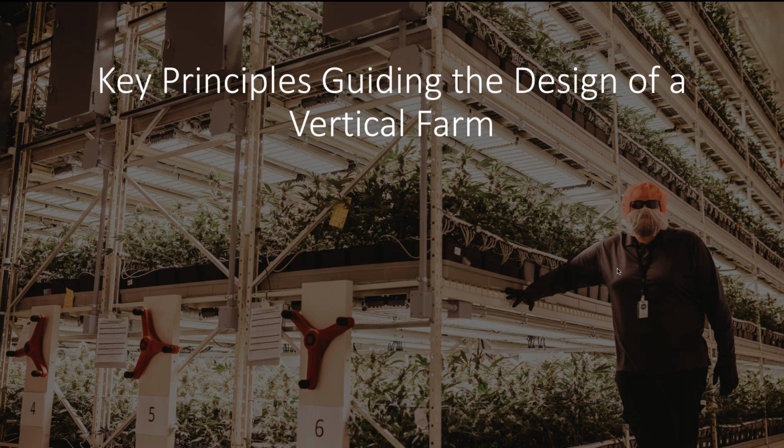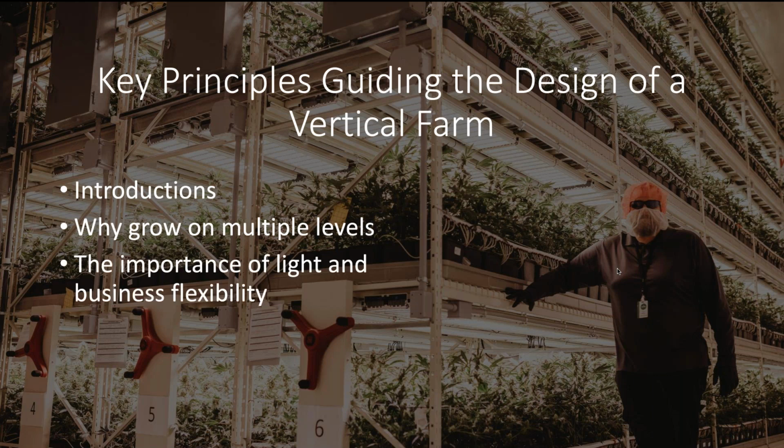So I'm going to introduce myself and some organizations that were very important regarding my current understanding of vertical farming. Then I'd like to very quickly discuss the key reasons people find value by growing vertically versus growing on a single level.